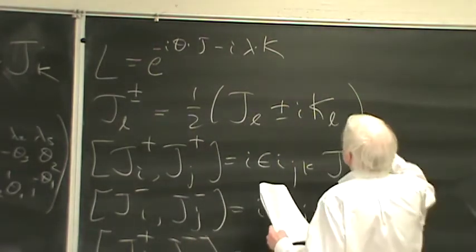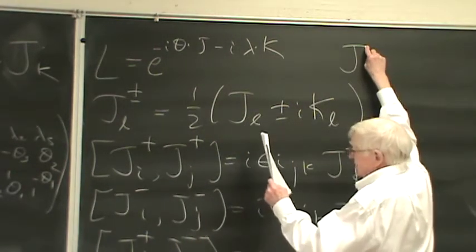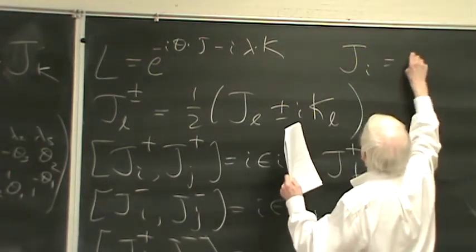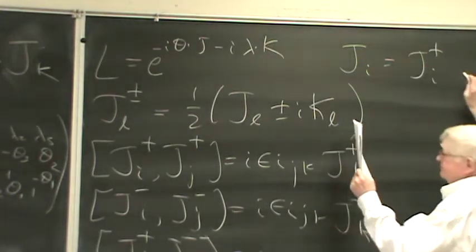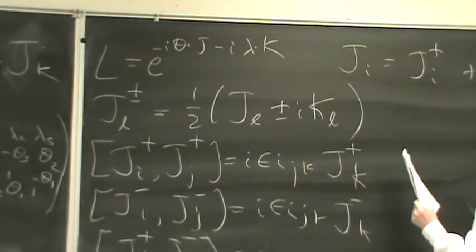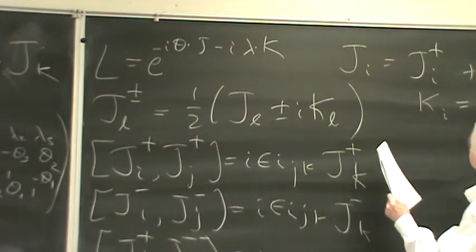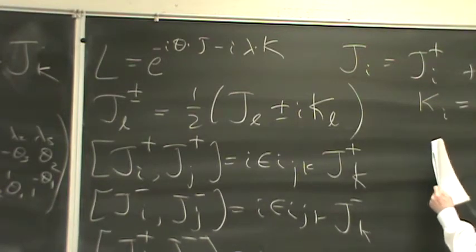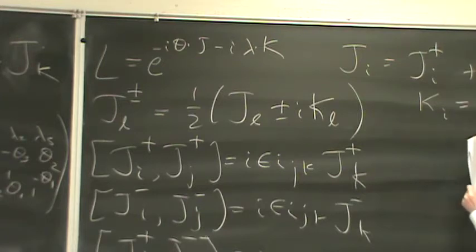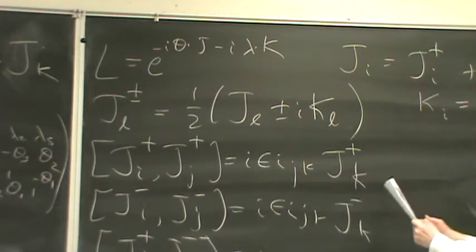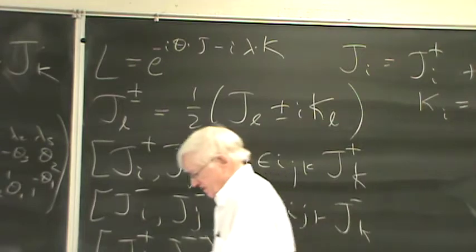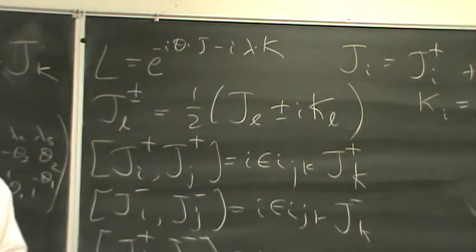Anyway, let's recover the old J's. The old J_i is J_plus_i plus J_minus_i, and K_i is minus i (J_plus_i minus J_minus_i). So that's how you recover the original boosts.